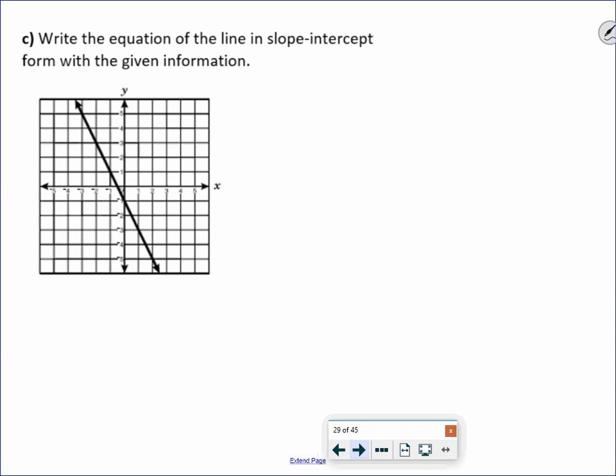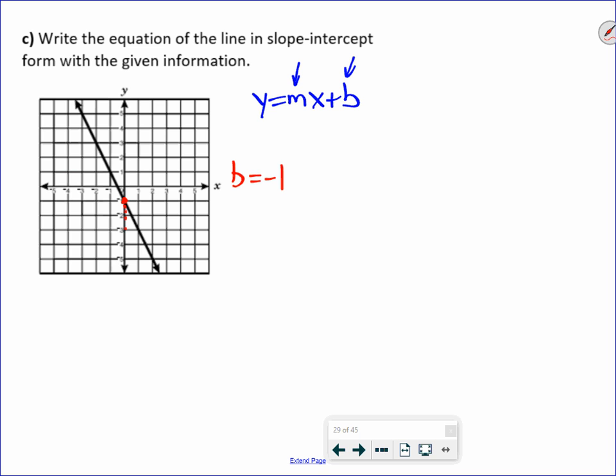For C, write the equation of the line in slope-intercept form with the given information. So y equals mx plus b. That's slope-intercept form. I need the slope, and I need the y-intercept. Well, the y-intercept is easy. That's -1. Then the slope is the rate of change.